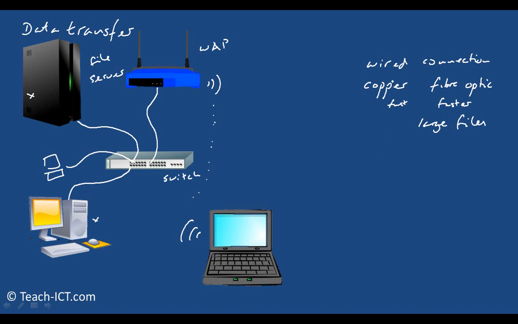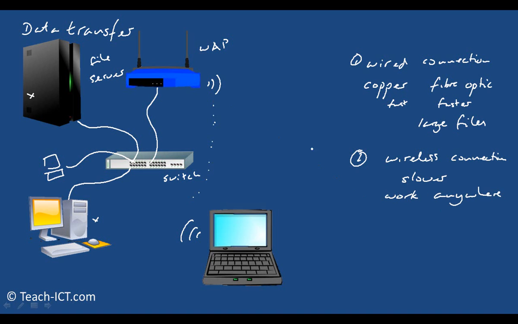So as well as a wired connection, put this as number one. Number two is that you can have a wireless connection. Now, wireless connections tend to be slower, but they do give you the ability to work anywhere. Well, I say anywhere. That's not strictly true.